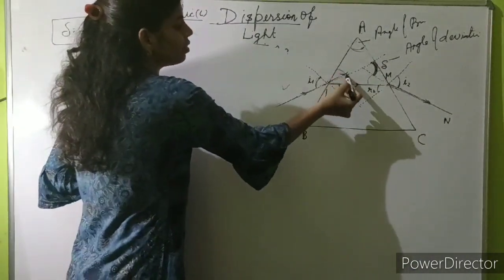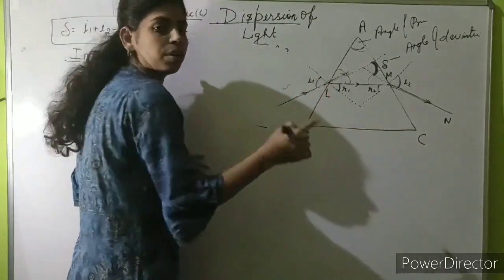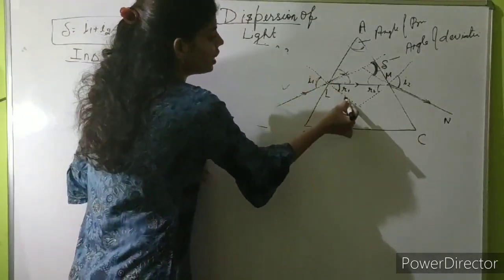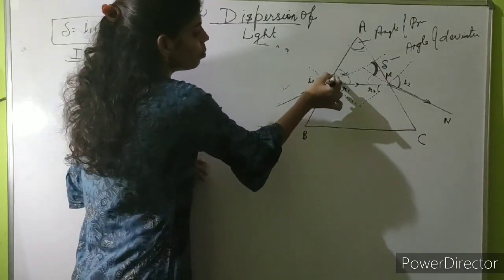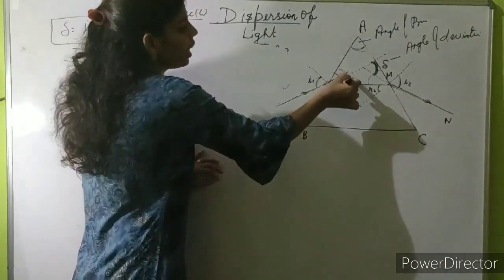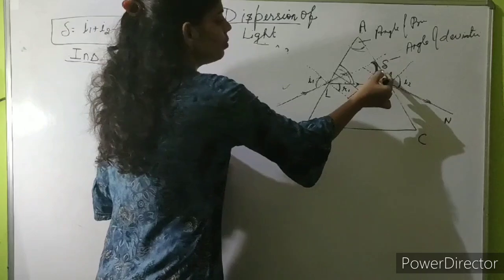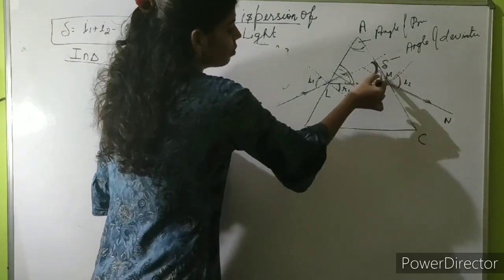How can we find this angle? You know, the normal makes an angle of 90 degrees with the surface. So this complete angle is 90 degrees and this angle is 90 minus R1. In the same way, this is the normal.